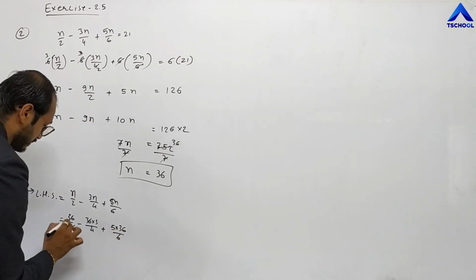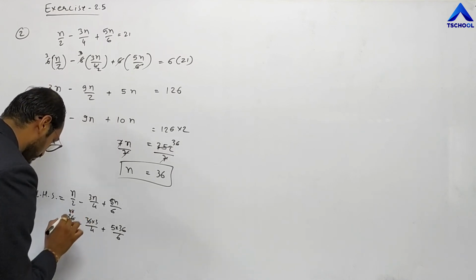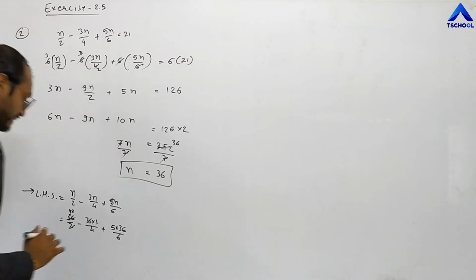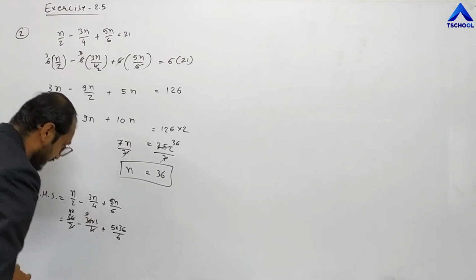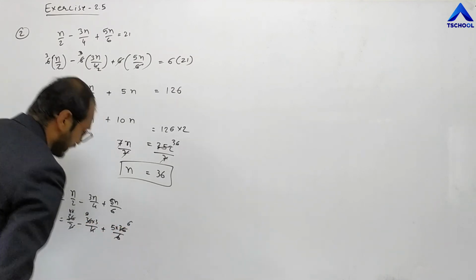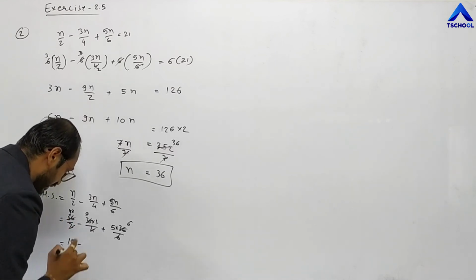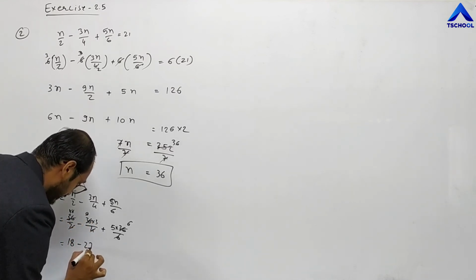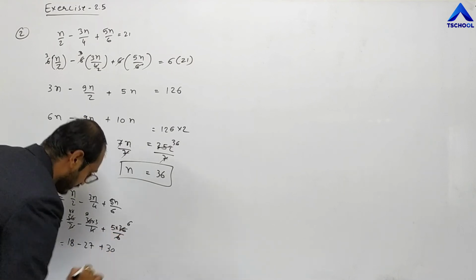Here 2 18s are 36, 4 9s are 36, and 6 6s are 36. Remaining is 18 minus 9 3s are 27 plus 5 6s are 30.